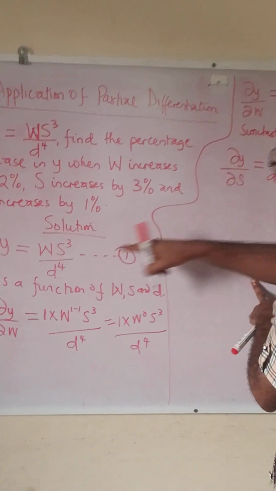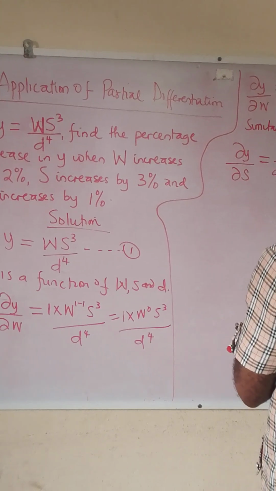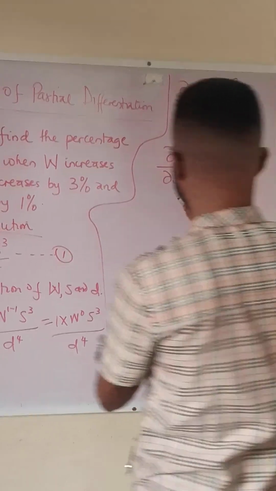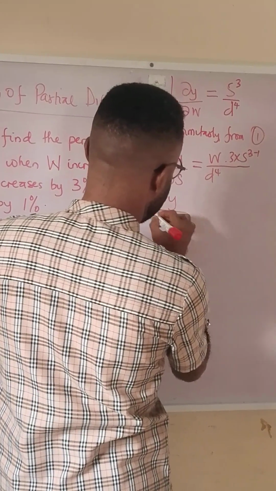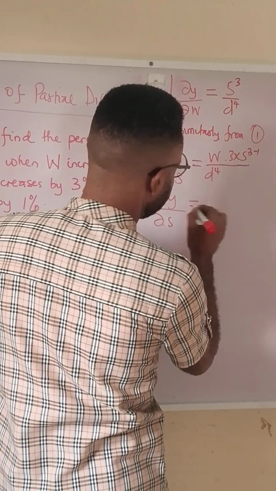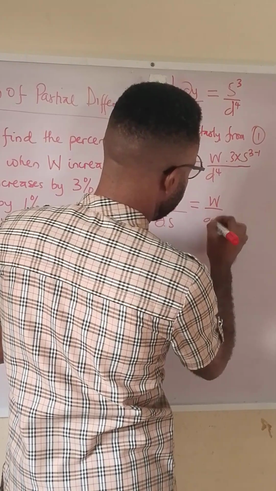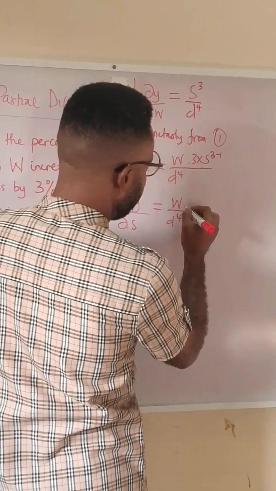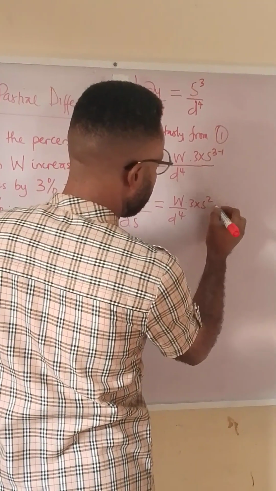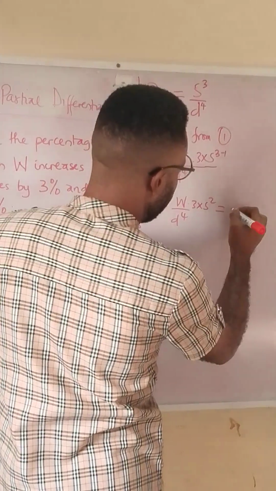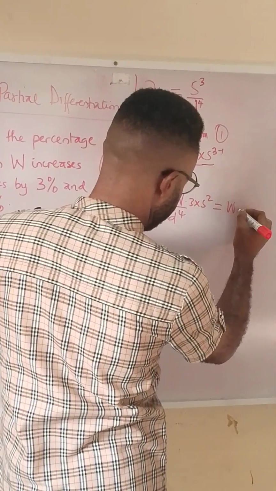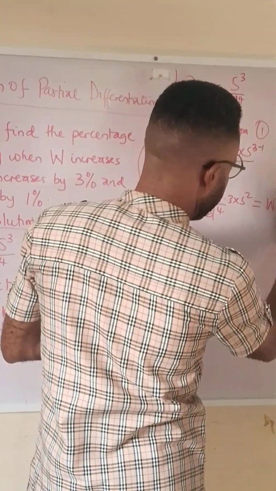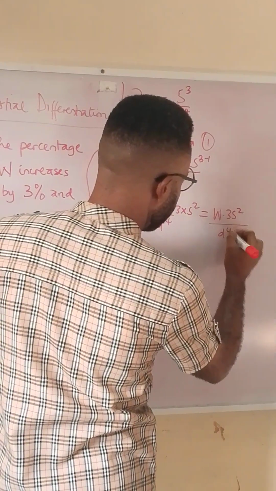This will give us, in the normal way of differentiation, 3 times s raised to power 3 minus 1. 3 minus 1 is 2. So this will give us w over d raised to power 4 times 3 times s raised to power 2.